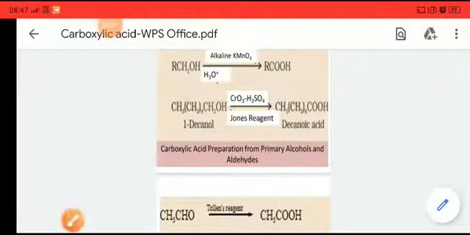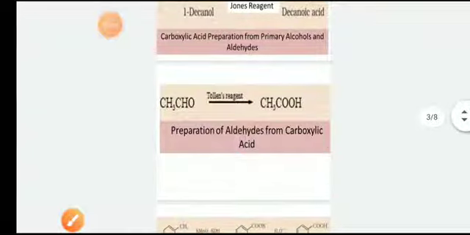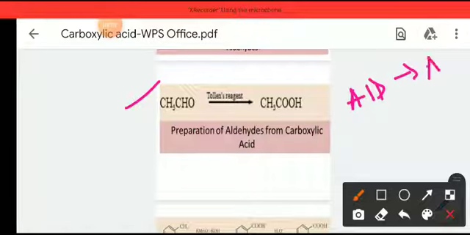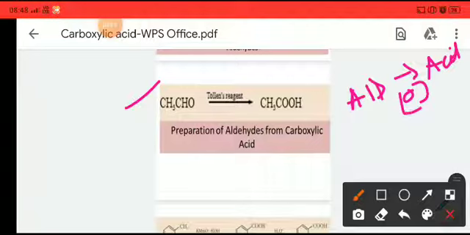Similarly, this is an aldehyde, that is acetaldehyde. We know from aldehyde or ketone to acid, this is only a 1-step reaction. Only 1-step oxidation, so we may not need a strong oxidizing agent.